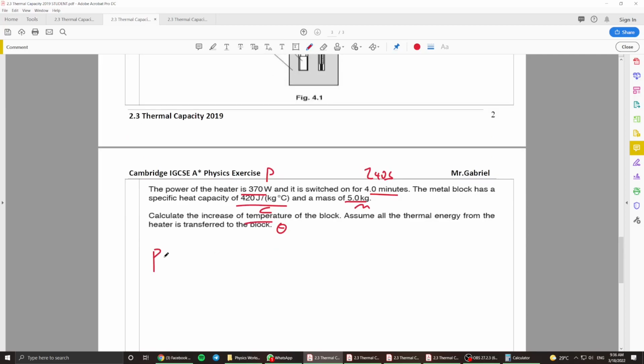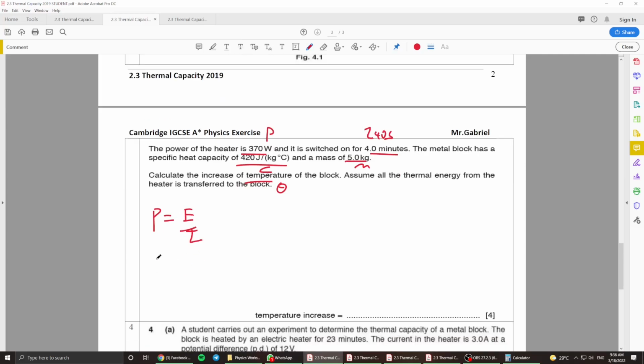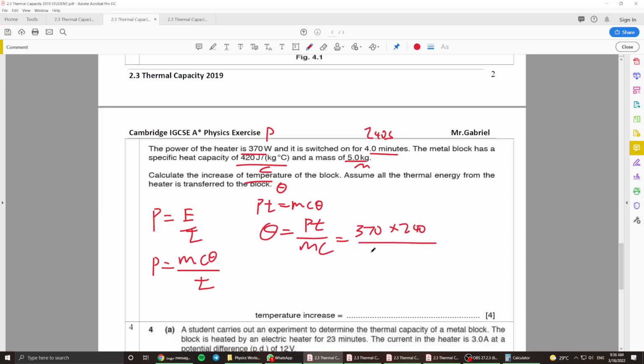So yet again, power is equal to energy over time, right? Power will be equal to mcθ over time here. Power times time is equal to mcθ, and θ would be power times time over mc, which is going to be 370 multiplied by 240 divided by 5 multiplied by 420 here.